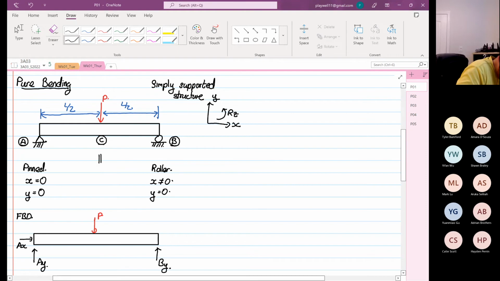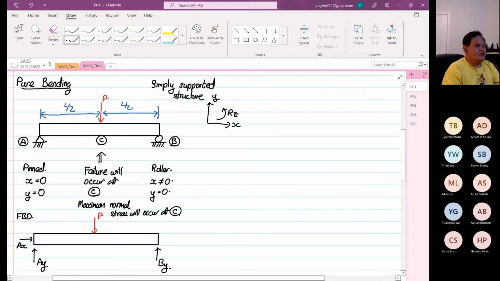So failure will occur at point C, and later on I can tell you why: because the maximum normal stress will occur again at point C.